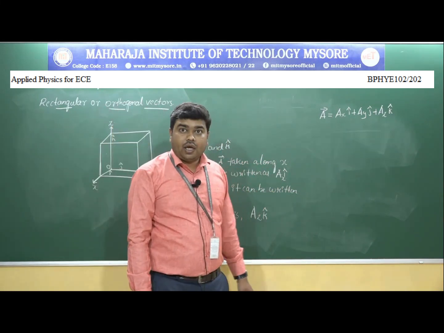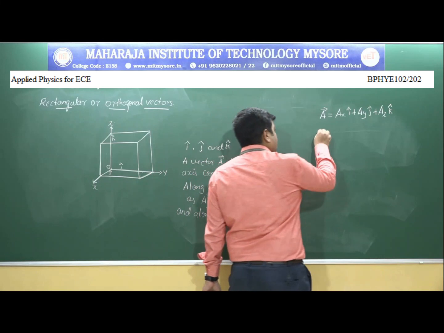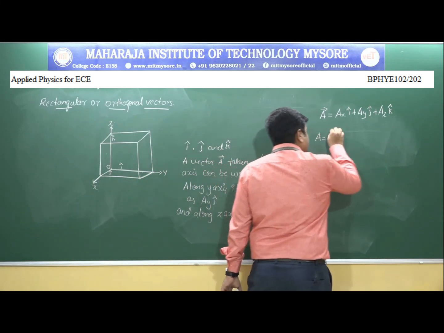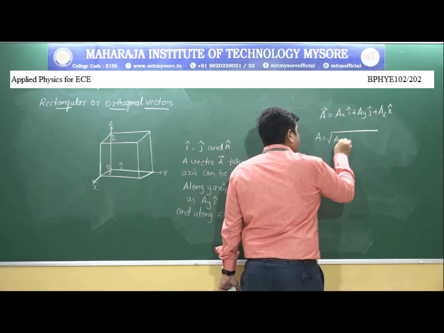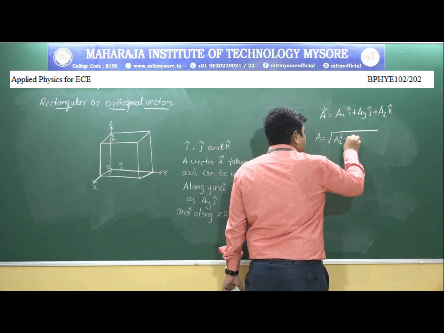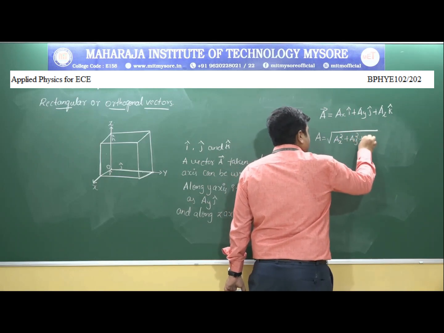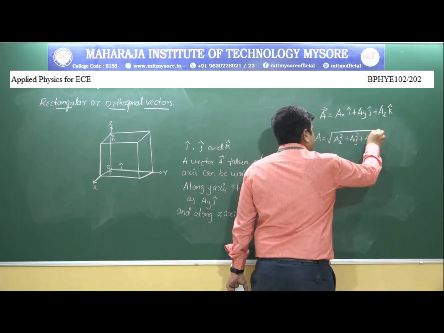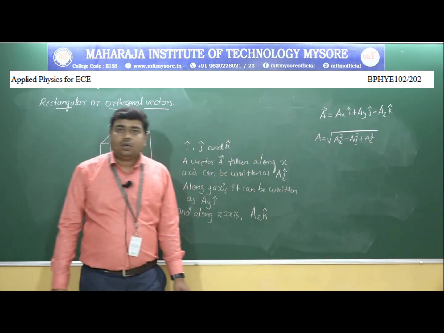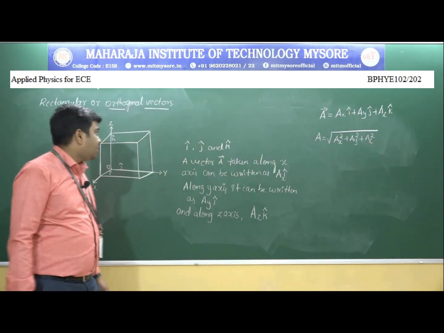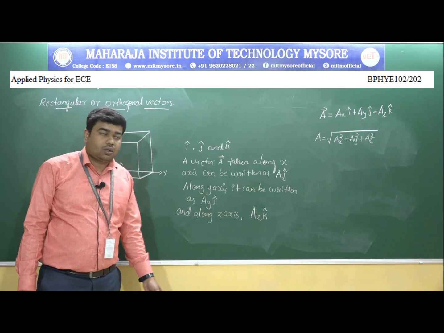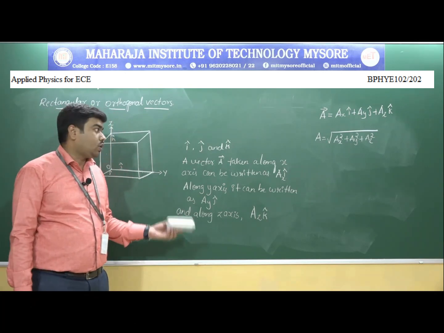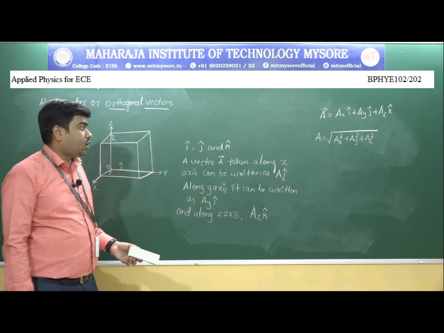The magnitude of vector A can be written as magnitude A is equal to square root of Ax square plus Ay square plus Az square. So, this is how a vector A can be resolved into its orthogonal components or rectangular components, which are also called the orthogonal vectors.